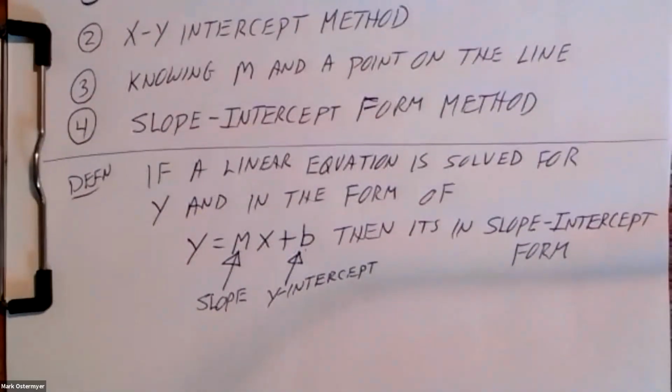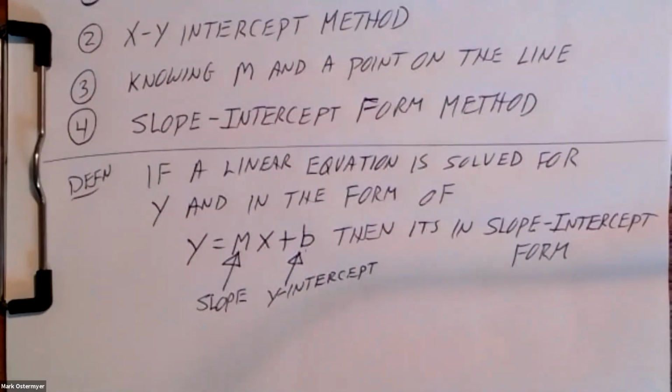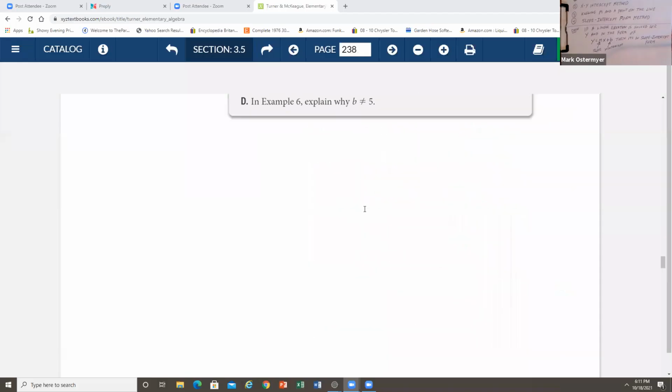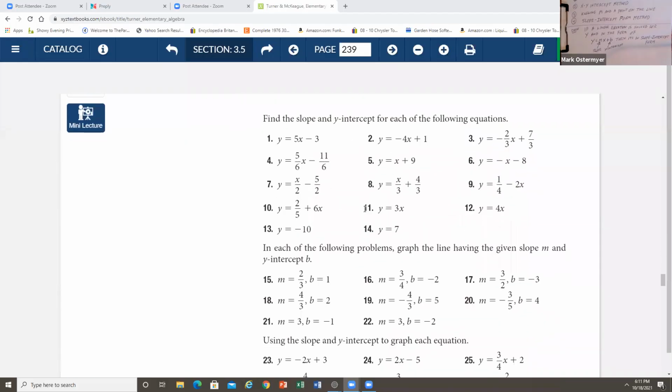So we're going to talk about the slope intercept form for a linear equation in section 3.5. All right, so let's dive right in and see if we can entertain a problem or two here.